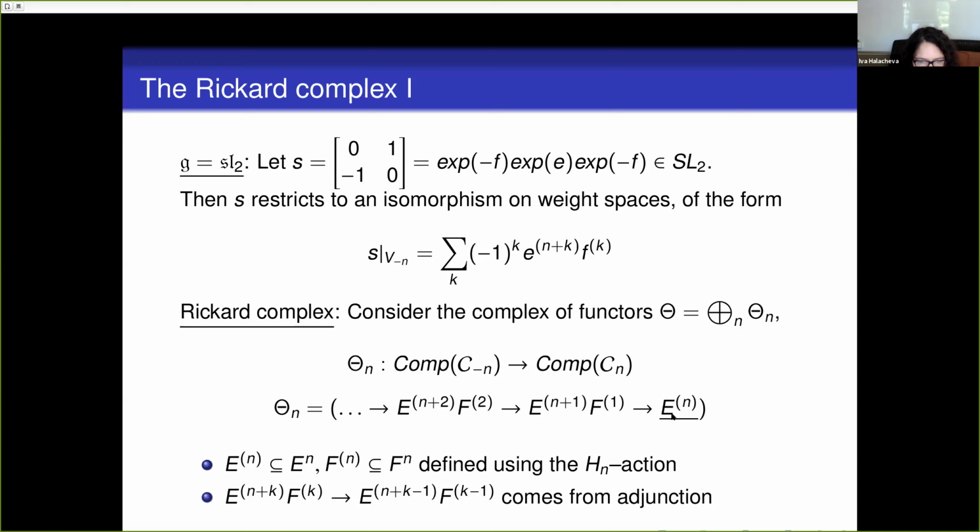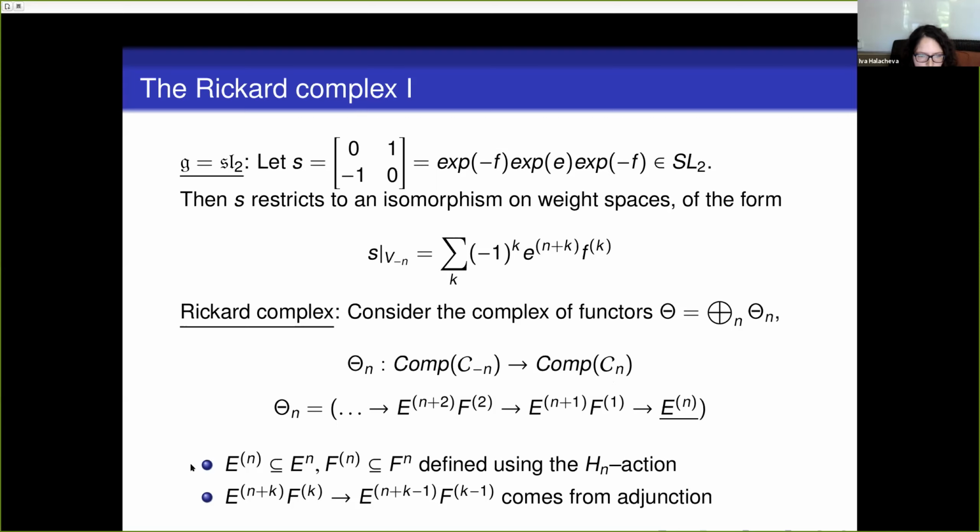And so here's what it looks like without too much detail. So it's a complex of functors. So the way it works is you apply it to a complex whose terms are objects in this category C minus n, you get a double complex, and taking the total complex of that, you get then a complex on Cn.